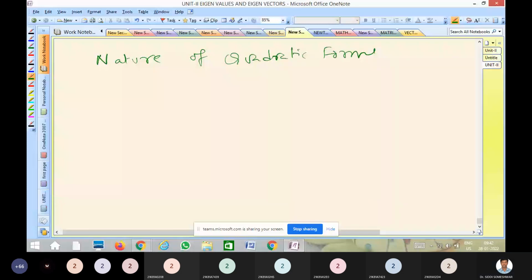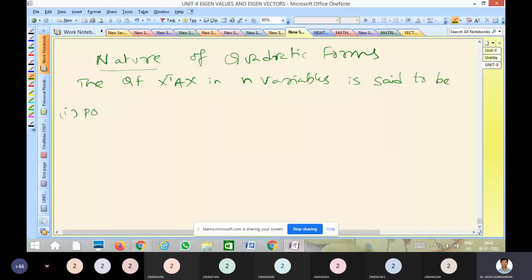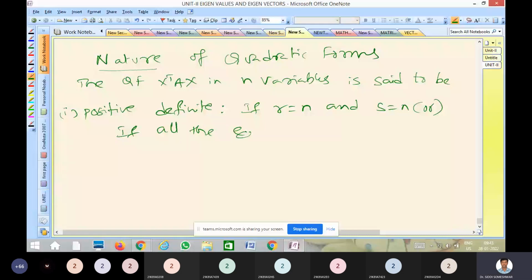That is, the quadratic form X transpose AX in n variables is said to be positive definite if R equal to n and S equal to n, or if all the eigenvalues of capital A are positive.